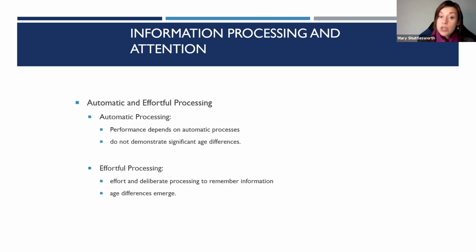Younger adults are faster at this. It takes less cognitive effort for them to learn some kind of new task. For older adults, it takes longer and requires more deliberate attention for them to learn something new. So this becomes more taxing on memory and also on attention resources for older adults when trying to learn something new that requires that degree of effortful processing.